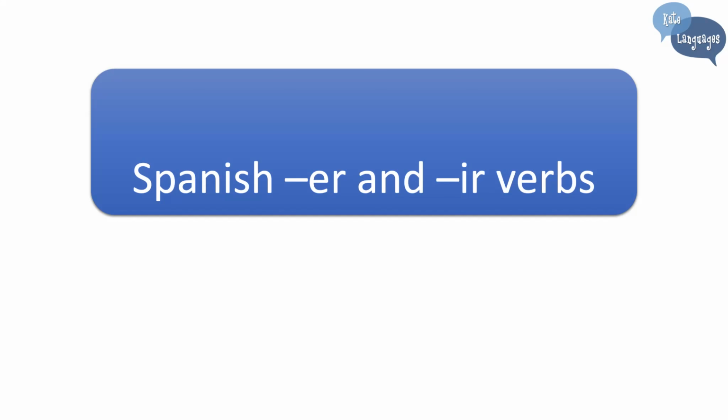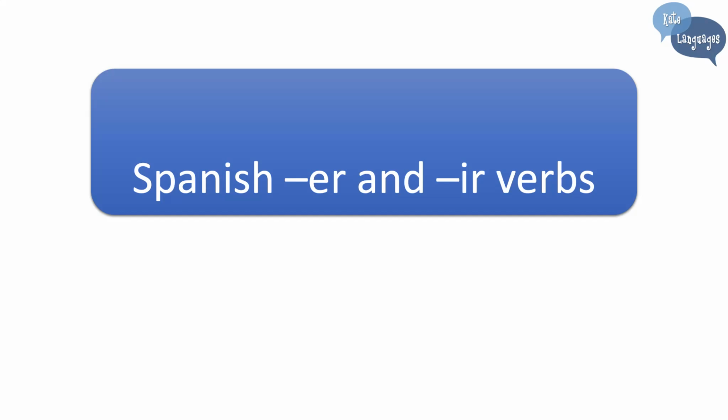And this is the 5th of my Spanish pre-recorded lessons. Today I'm going to be talking to you about ER and IR verbs. So these are a kind of regular verbs in Spanish. Lesson 4 was about AR verbs.